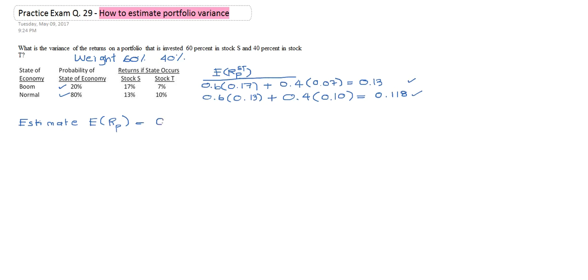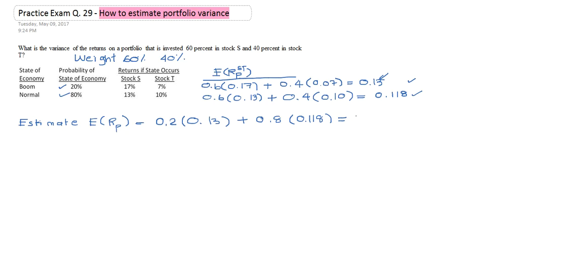Basically, if you expect that 20% of the time it's going to be the boom state, and in the boom state your expected portfolio return is 13%, which is right here, plus 80% of the time the normal state of the economy will occur, and the return you expect for this state is 0.118, not percent, sorry.